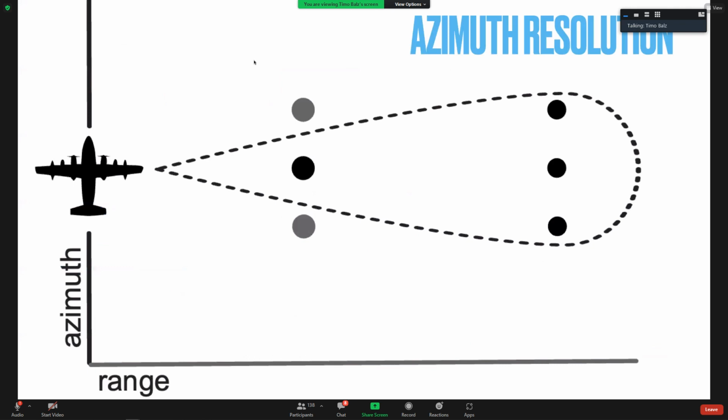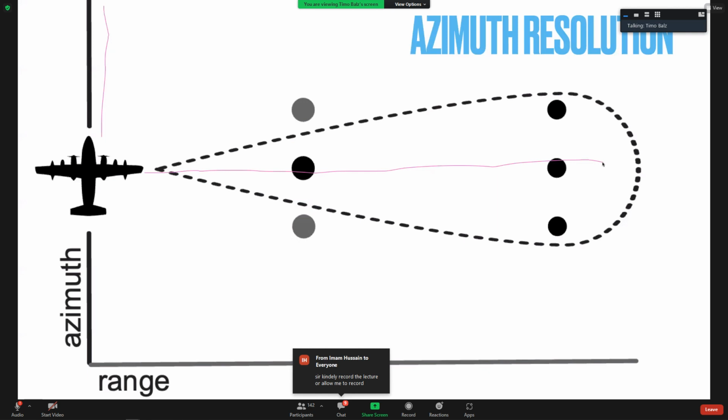Next slide. The azimuth direction you see here is the direction your sensor is moving in, so it is going in this direction. And range direction is the direction in which the signal is traveling. These are the two directions: the sensor moving direction and your signal traveling.